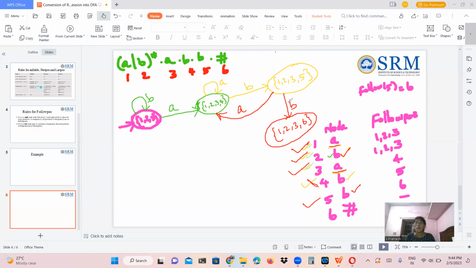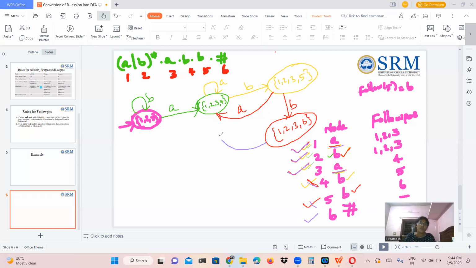Okay. So now I have to consider 1, 2, 3 followed by 6. For this one, where A is there, here I have a symbol, here also I have a symbol. So here 1, 2, 3, in this position 4. So 1, 2, 3, 4 is already there.